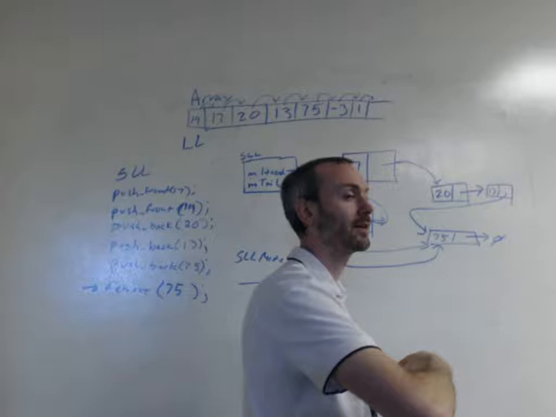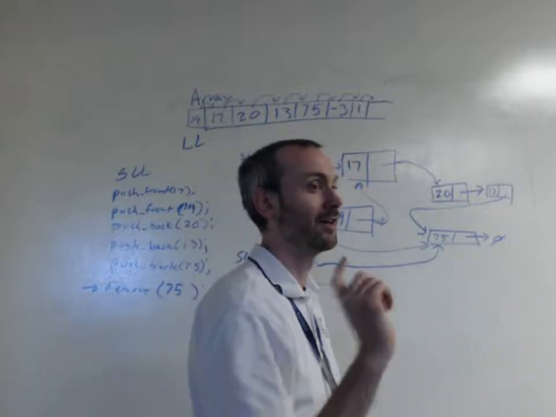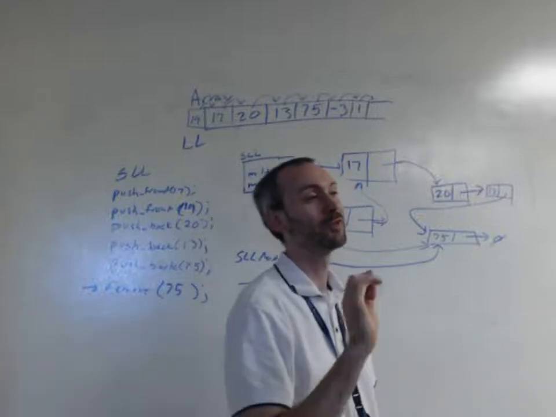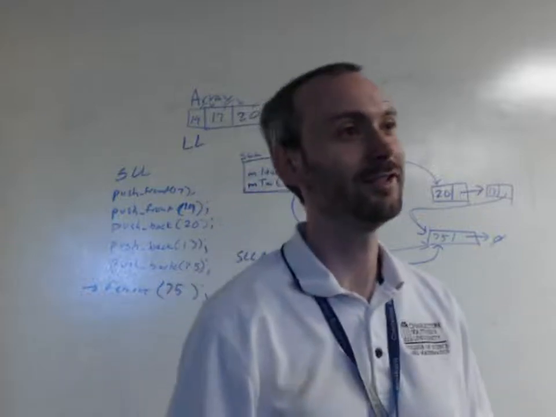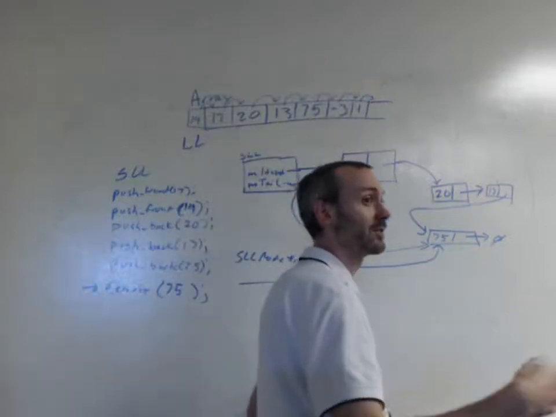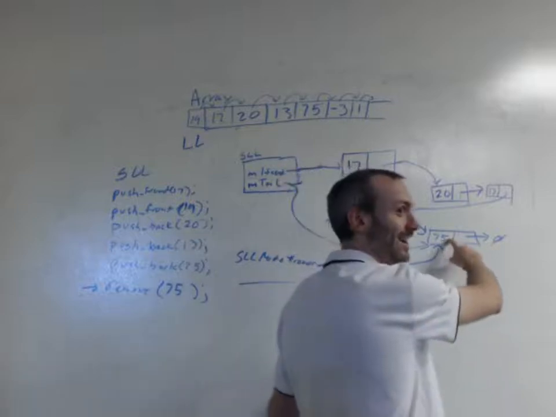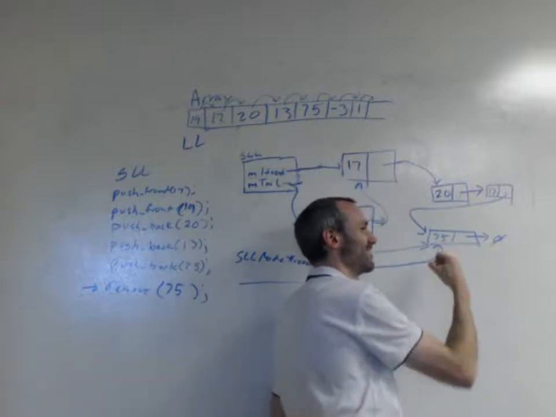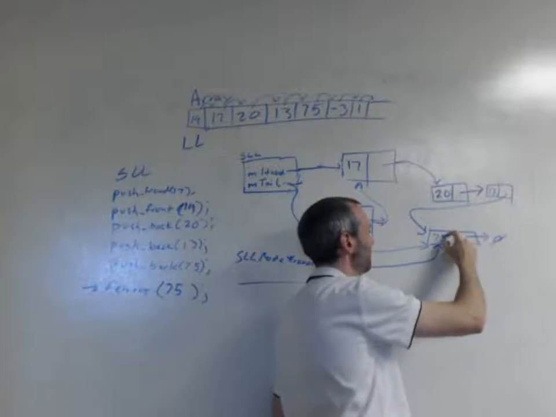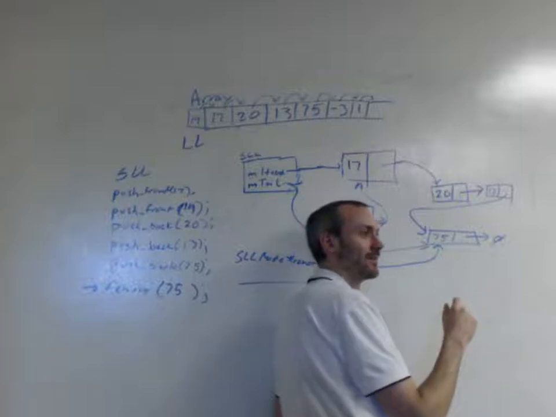Well, then we'd have to store a pointer going back, which is called a doubly linked list, which can be very helpful. But we're not going to do a doubly linked list, we're doing a singly linked list. By the way, that's what your lab is, do all this before a doubly linked list. Right. So we can't go back, we can only move forward.